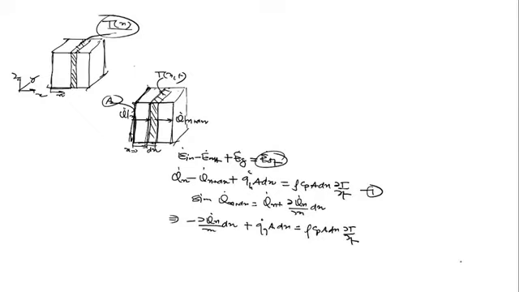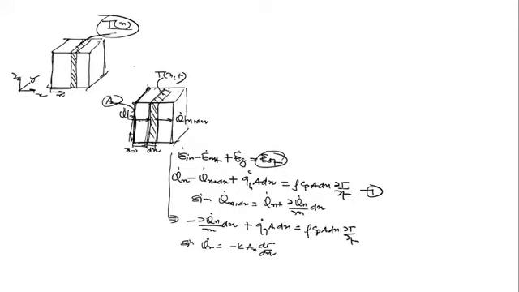ठीक है बेटा? So this is the general equation that you must know. How can I write this equation? From Fourier's law, q dot x is equal to minus k into area at x into dT upon dx.